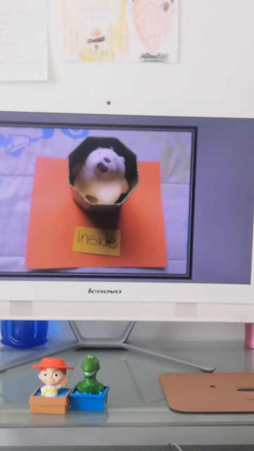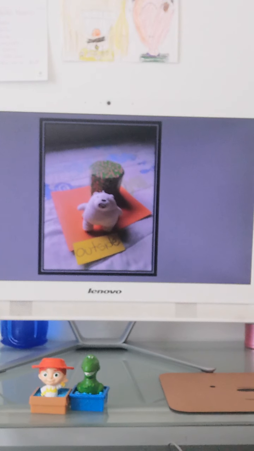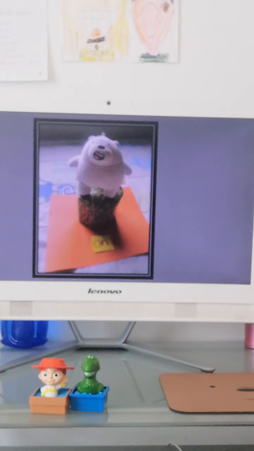Inside. Polar is inside the box. Outside. Polar is outside the box. On. Polar is on the box.